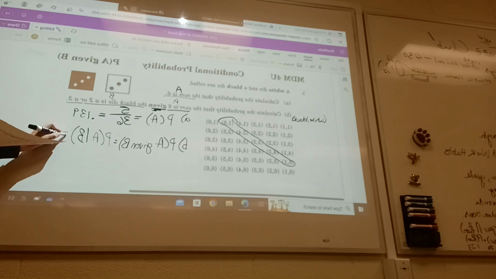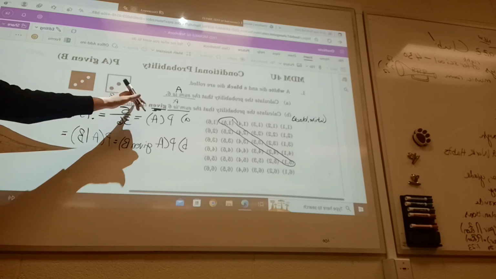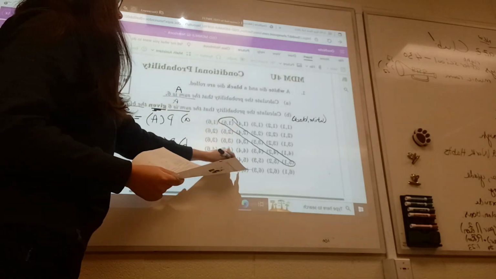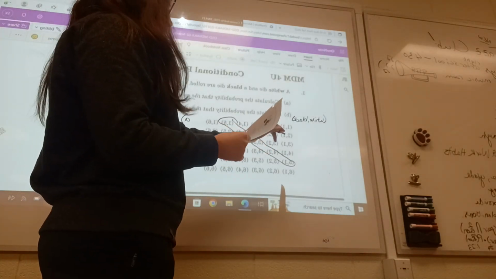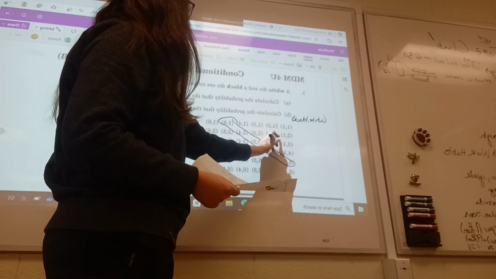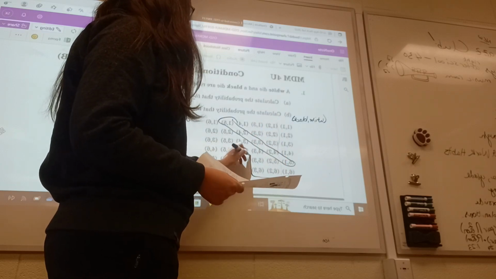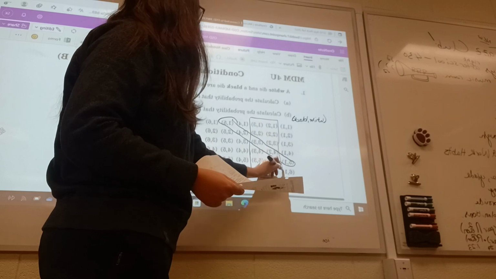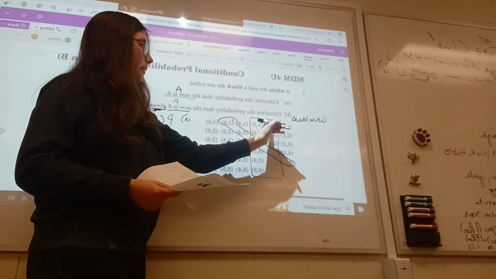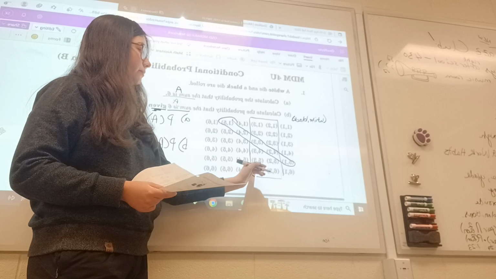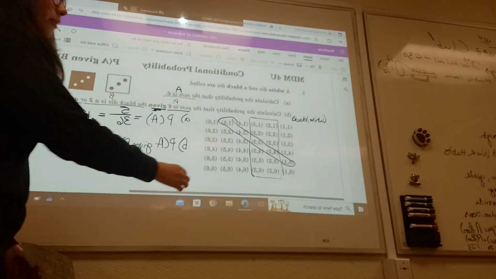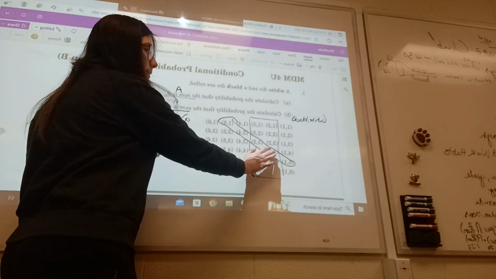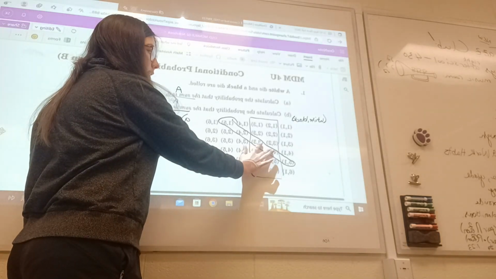That would equal, well, let's see, where are all of my rolls where the black die is 2 or 3? So that would be here, right? So in that square, or rectangle, the black die is either 2 or 3. All right, so given we know something in that square happened, what's the probability that we have a sum of 6?